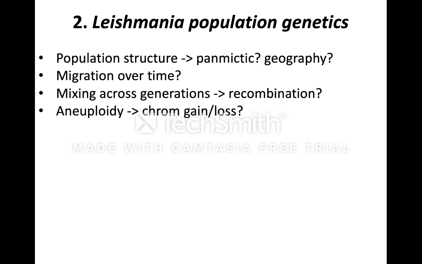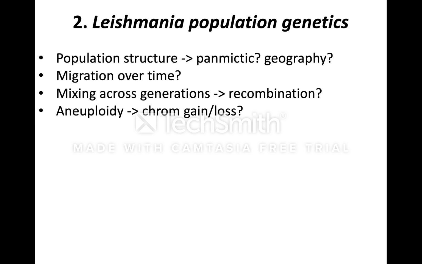Do the parasites spread widely across geographic regions, or are they very restricted? We know that Leishmania can undergo meiotic divisions inside the sandfly, and therefore we can see mixing, cross-mating, and therefore recombination, but that requires parents that are quite divergent in order to be able to detect it. So how much mixing do we see?